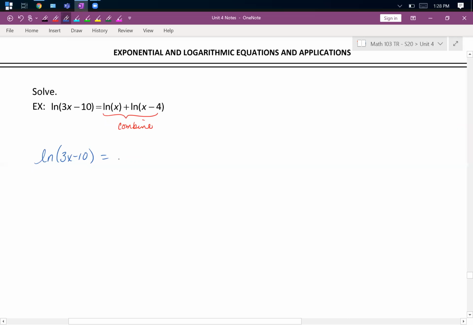We need to multiply the arguments together. Now that we have one log equal to one log, we can set the arguments equal to each other by the one-to-one property. So 3x minus 10 is going to be equal to x times x minus 4.